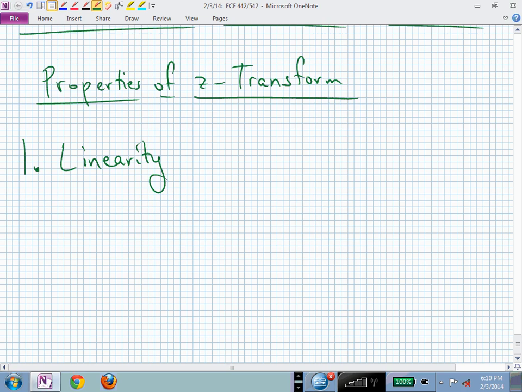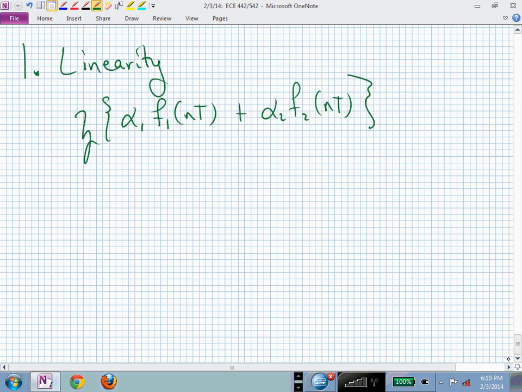Linearity is preserved, meaning if somebody wanted the Z-transform of, let's say, one time domain waveform, f sub 1, and there, for whatever reason, I'm including the sample period in my argument for the time index, then that Z-transform operation is a linear operation. The alphas are just constants, so they don't have to stay inside the Z-transform.